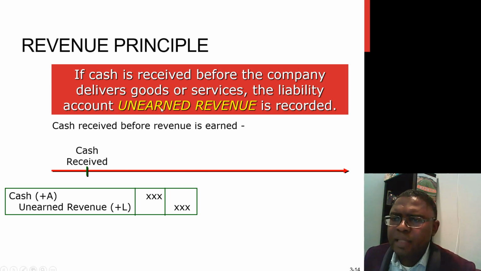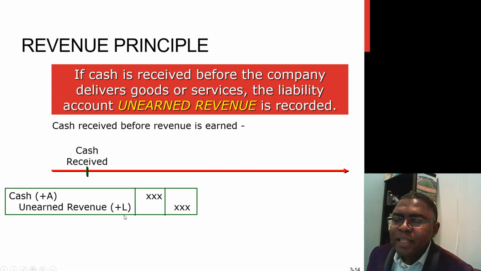So let's look at this example. The first example is the case for which we realize unearned revenue. So cash is received. Cash is an asset, and the asset is increasing because cash has been received. On this first column, this is the debit side, and the second column is the credit side. So an increase in asset will be given a debit balance, and then we have unearned revenue, which is a liability.